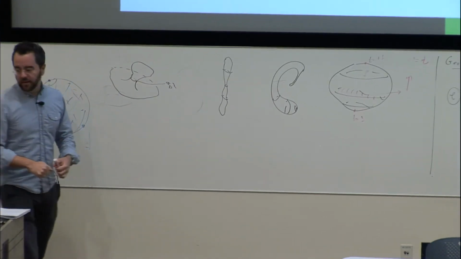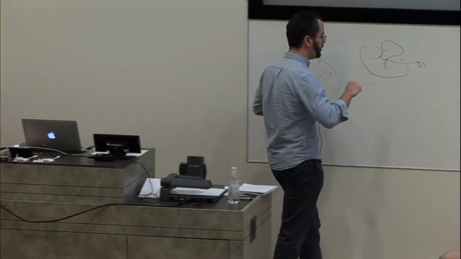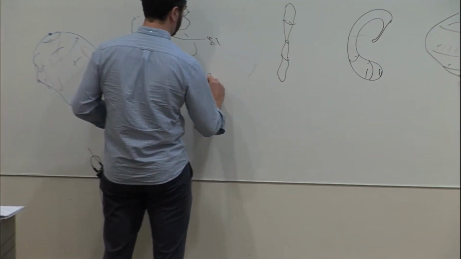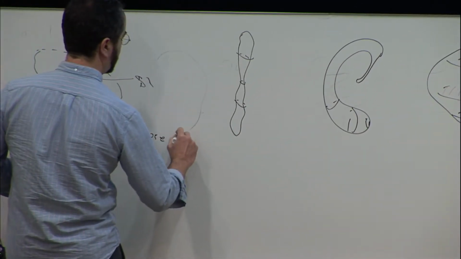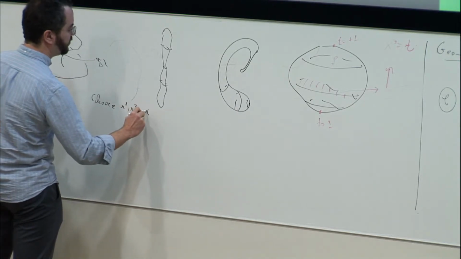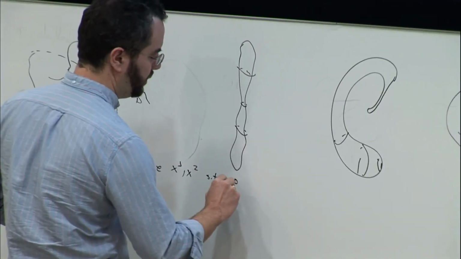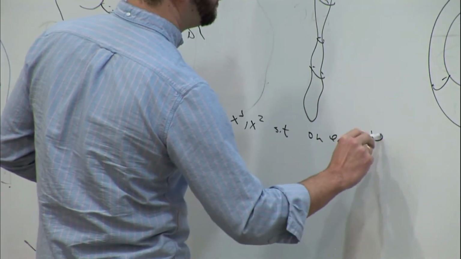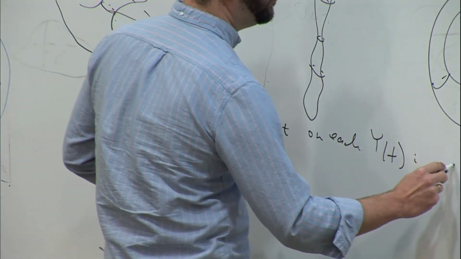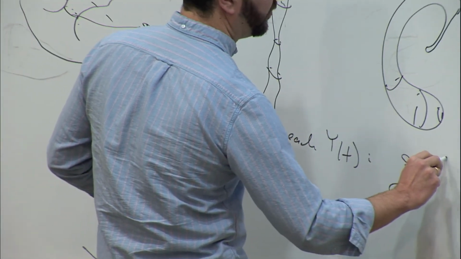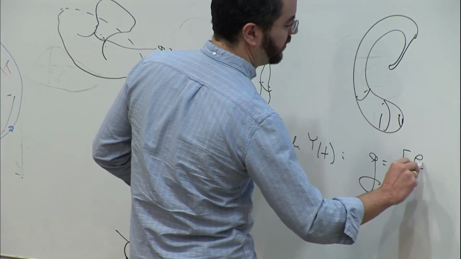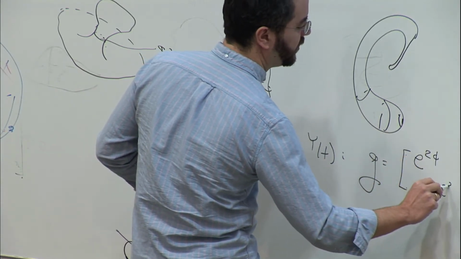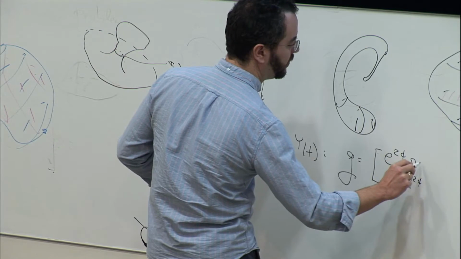I need to define another 2. And the way I'll define the other 2 is that on each leaf, I will choose isothermal coordinates. Isothermal coordinates means that I choose x1, x2, such that on each leaf, the metric g is a matrix of this form, e to the 2 phi, e to the 2 phi, 0, and 0.